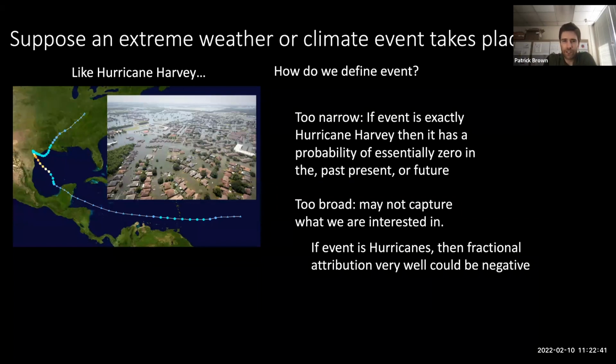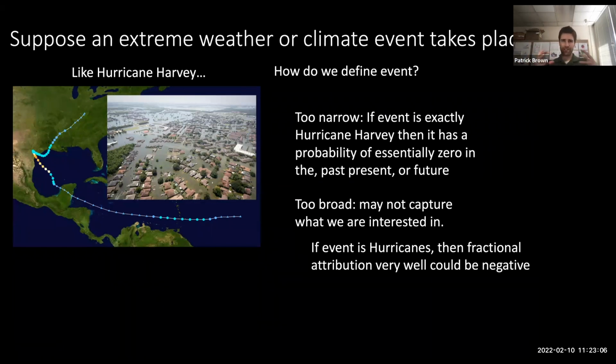And so if hurricanes itself was the event, then that would not really give us the specific thing that we're looking for, because we're looking for the fraction of risk that Hurricane Harvey was this intense in terms of rainfall and that it caused this much flooding.